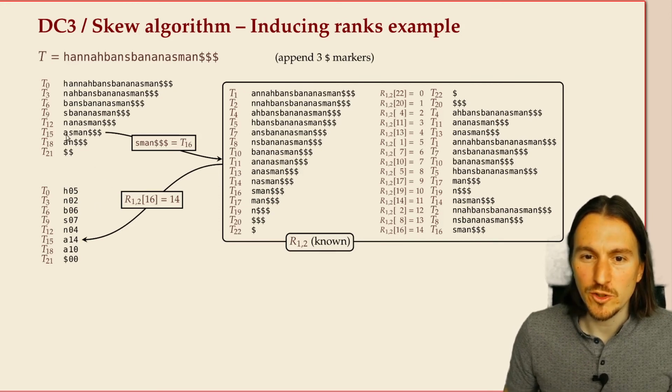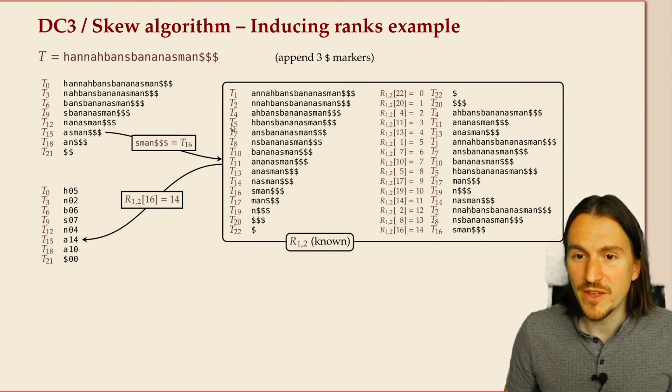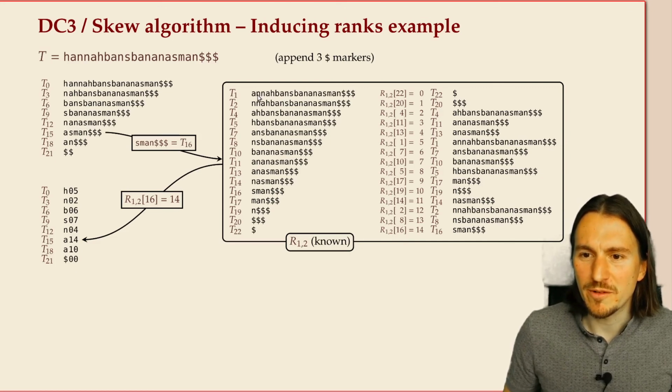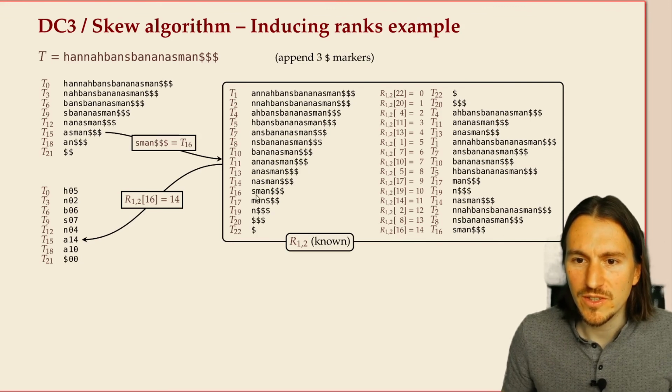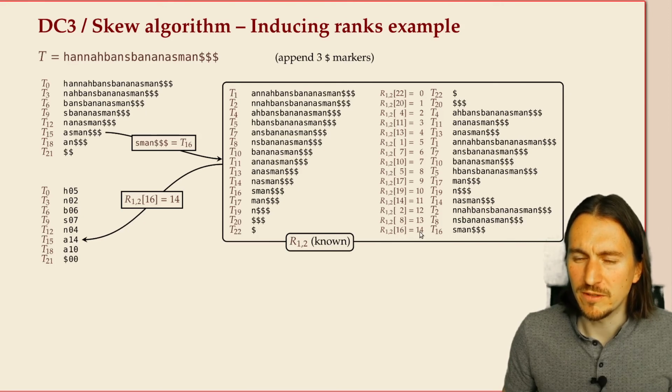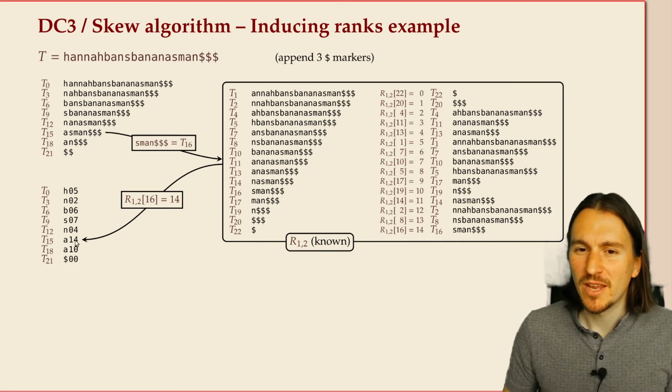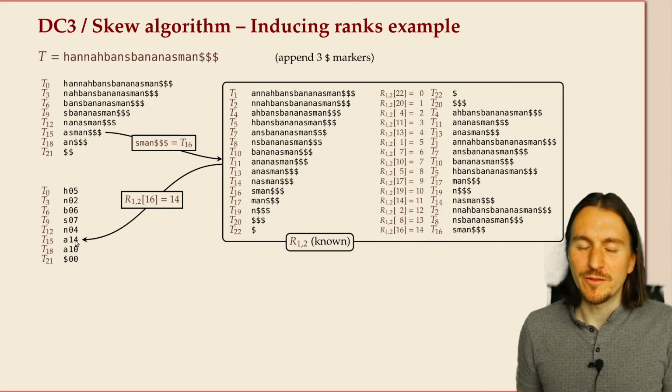The way to do that is split off the first character, which is just copied down. Then for the rest, from T15 we go to T16, so we find that in this list and look up its rank. If we go to 16, we know its rank is 14. So what we put in here is a 14 as the second component of this pair.